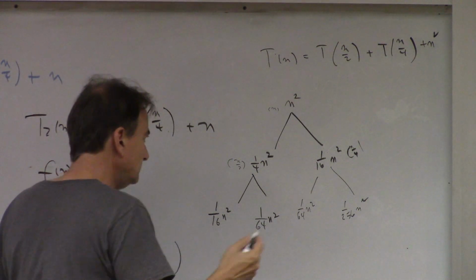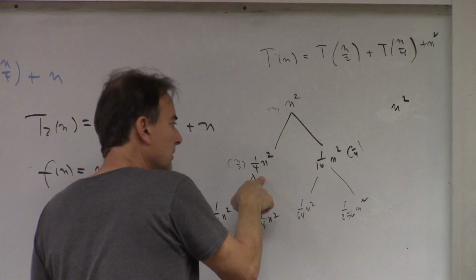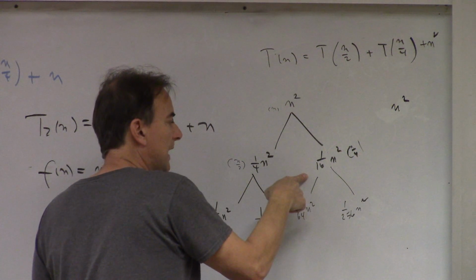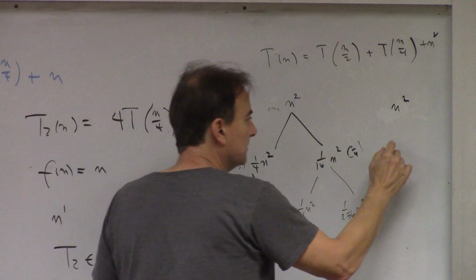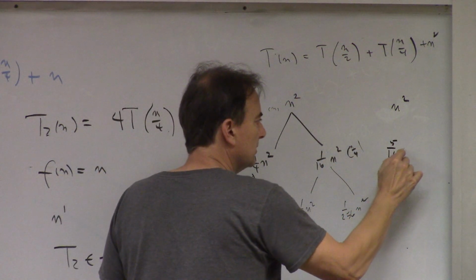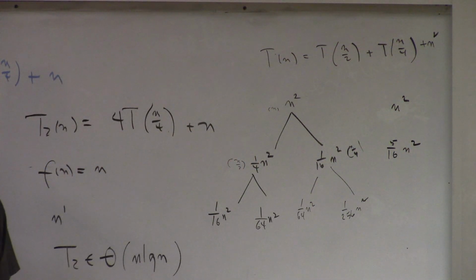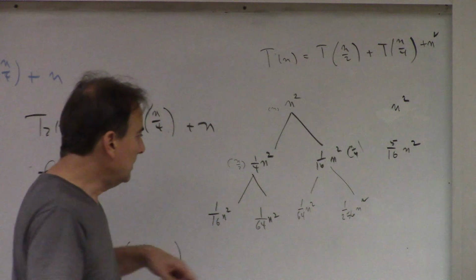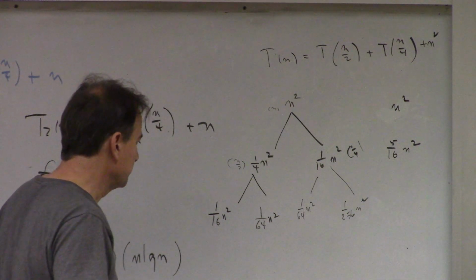So here we have n squared. Here we have 1/4 and 1/16. We add them together. So it's 5/16 n squared, right? Okay, so now we have a very big number. 256 is the common denominator.